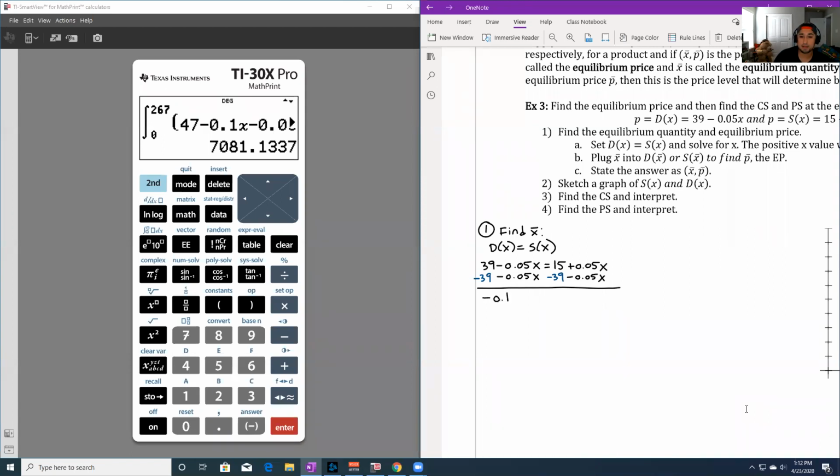That's negative 5 cents minus 5 cents, so that's negative 10 cents, equal to 15 minus 39, what's that, 24? Negative 24. Then divide by negative 0.10.